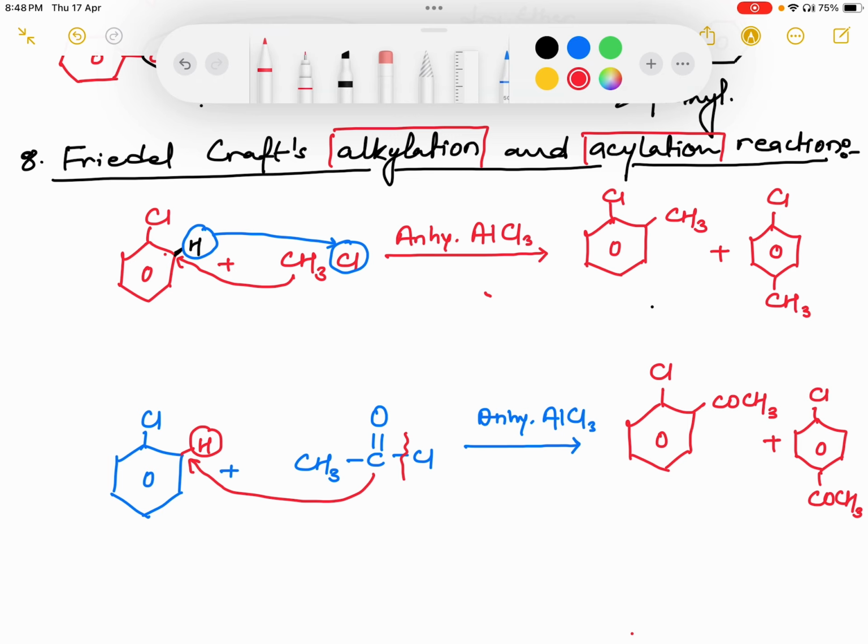So this is how the reaction or products are formed. We can name it as 2-chlorotoluene because benzene with CH3 is known as toluene. Or we can call it 4-chlorotoluene.